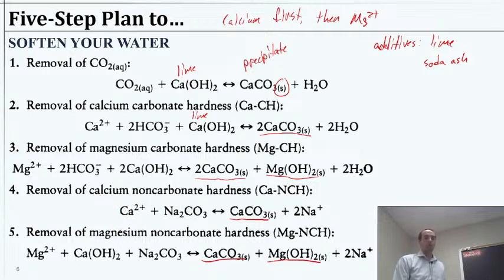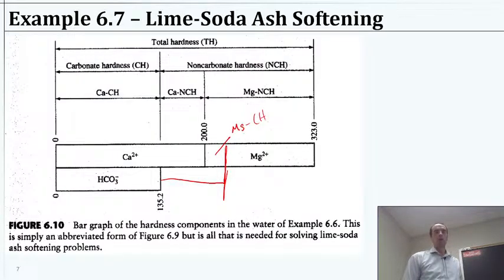So as soon as we're starting to add this soda ash here, then we would be ready for this reaction, but we need to add, again, more lime. So it's all kind of a cascading type of situation in order to remove one, then the next, then the next. So I'll just say this is a possibility.